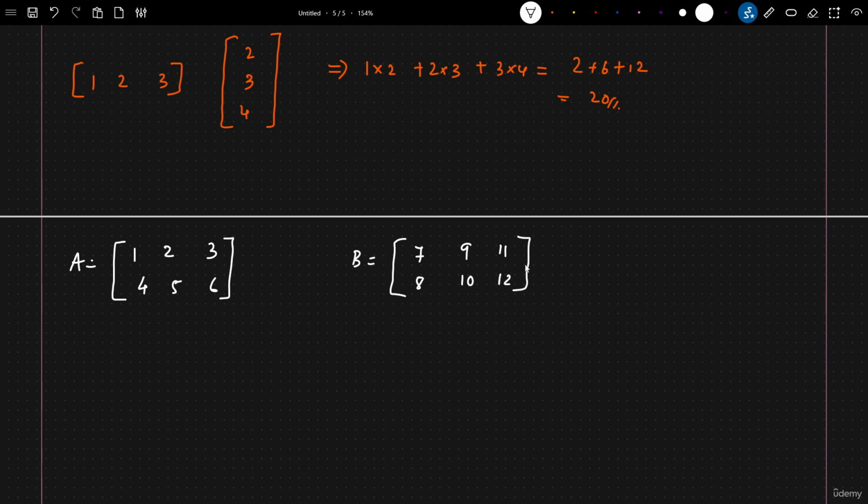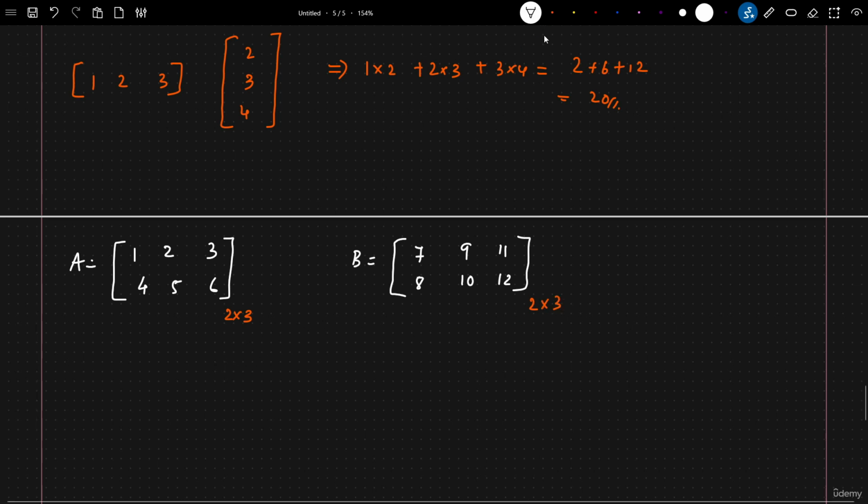Now, first of all, we'll see whether it is possible to multiply these two matrices or not. If I look at this matrix, it is nothing but 2 cross 3, 2 rows and 3 columns. Similarly, for the B matrix, you'll see I have 2 rows and 3 columns.